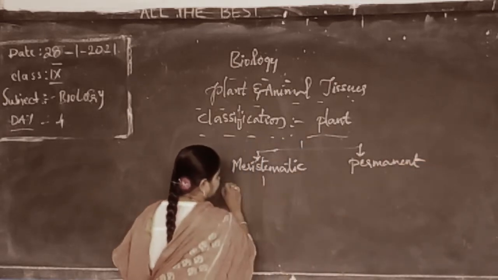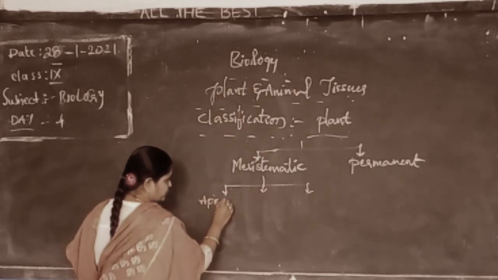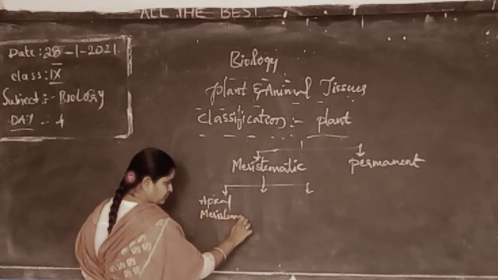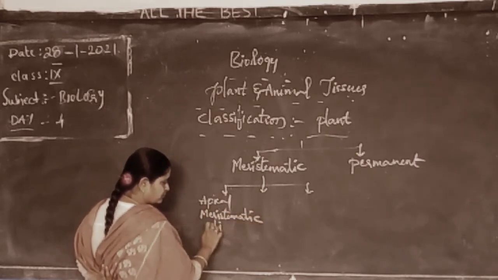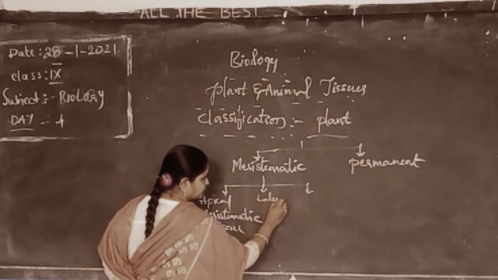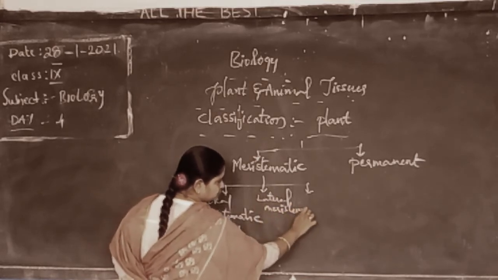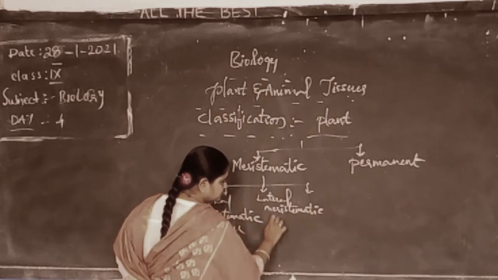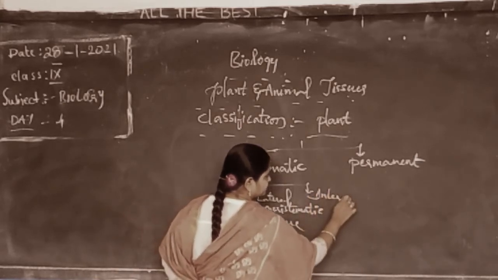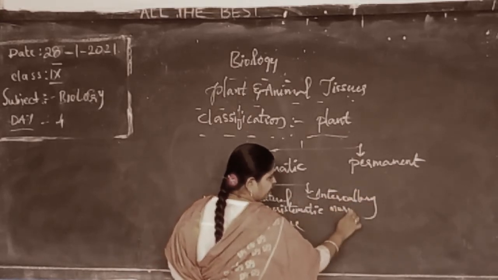Under meristematic tissue again, three types: apical meristematic tissue, and lateral meristematic tissue, then intercalary meristematic tissue.